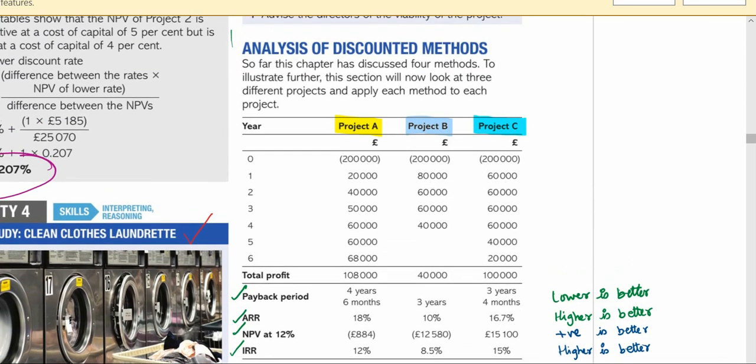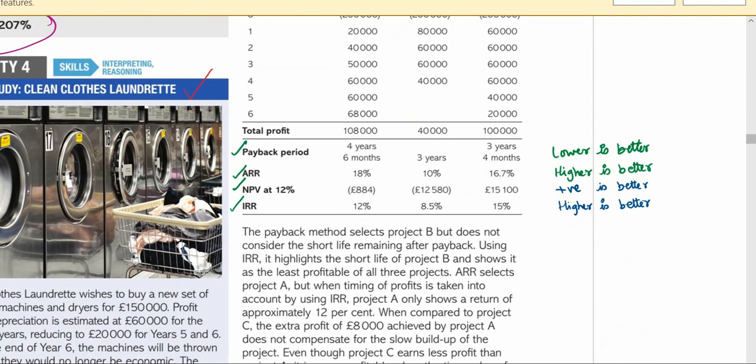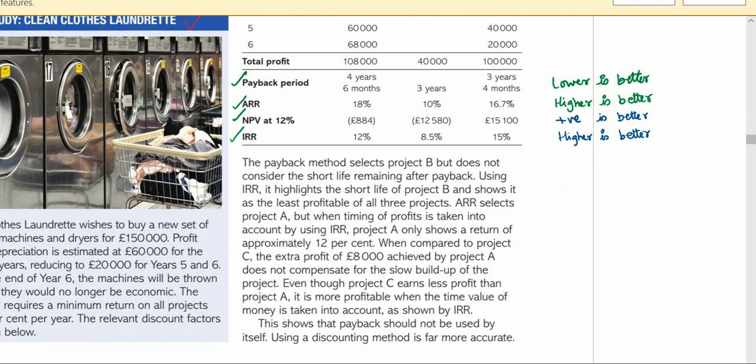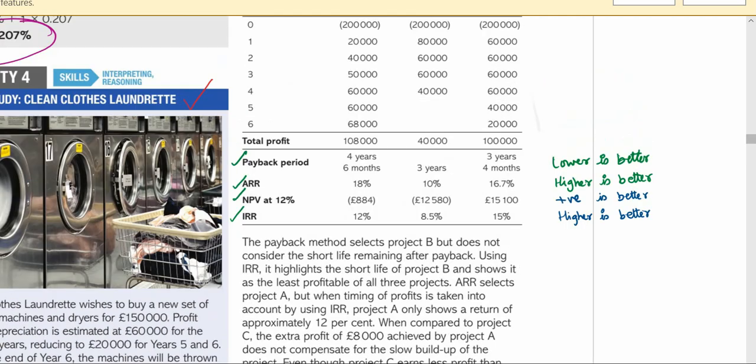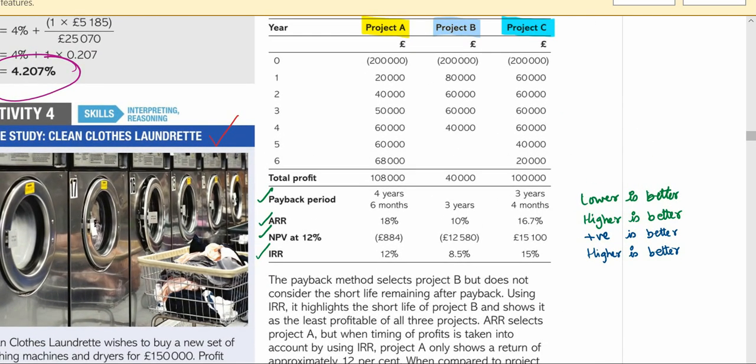As per the analysis of the discounted methods, now we have to analyze each method: which project is most profitable and most suitable for investment. As per payback period, project B is suitable. But as per ARR, project A is favorable.